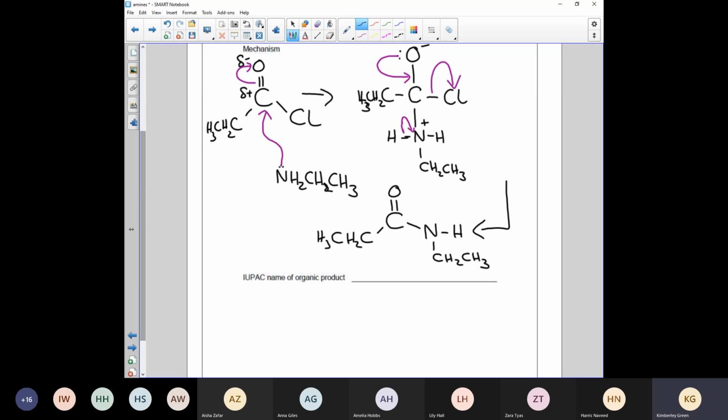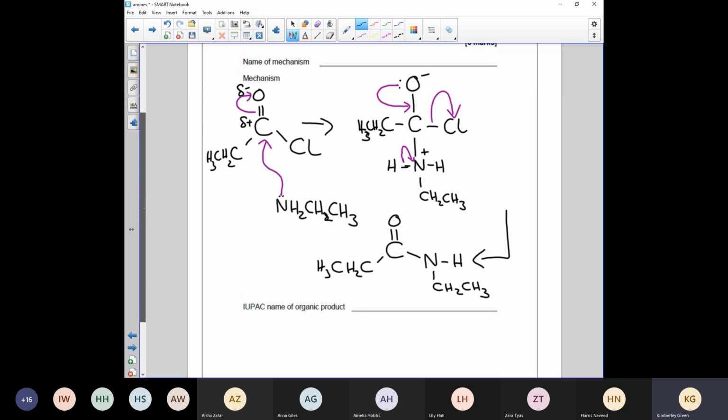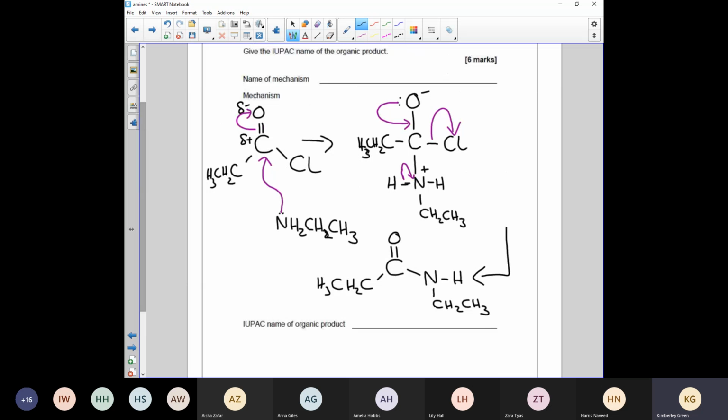With this, we are adding this amine, and then we are eliminating the chlorine. So we've got nucleophilic addition because we're adding the amine, and elimination because we are then taking out our chlorine.